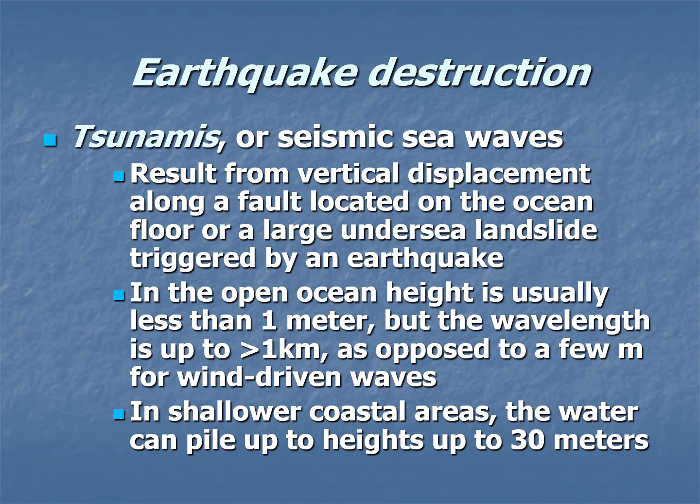So what that means is that while in the open ocean, the wave height of a tsunami might be less than a meter. So a ship out there that has that tsunami wave pass beneath it may not even notice because it's very small. But because of the long wavelength, when it starts to make bottom and get into the shallower coastal areas, it could pile up to as high as 30 meters.